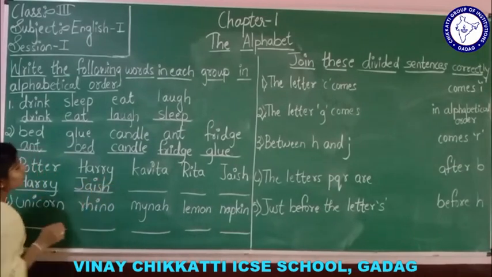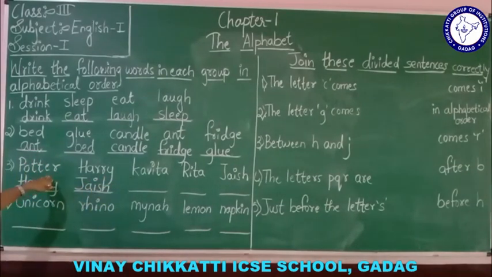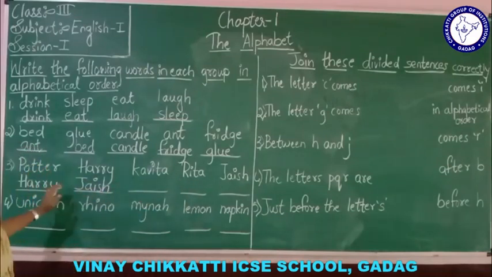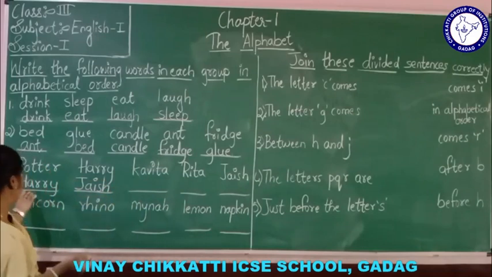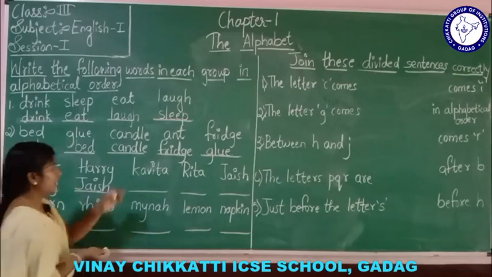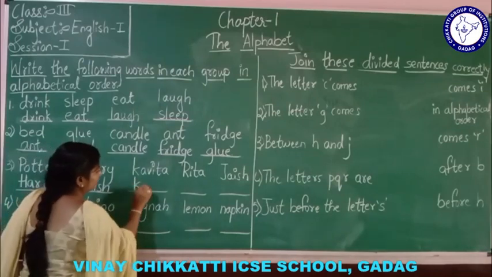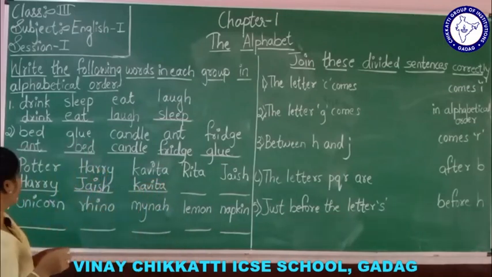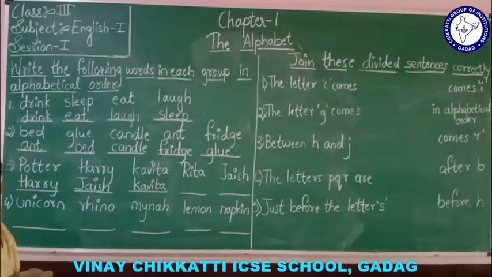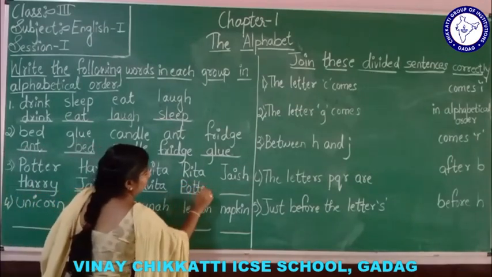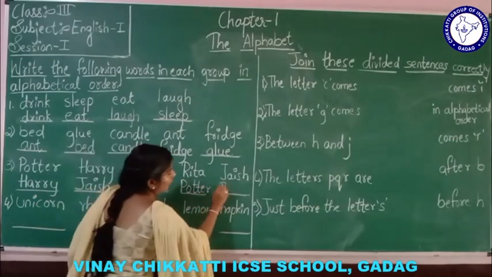Next, left are Potter, Kavita and Rita. Which name will come here? After J, A, B, C, D, E, F, G, H, I, J, K. See, K. L, M, N, O, P. P is there. And at last, R.